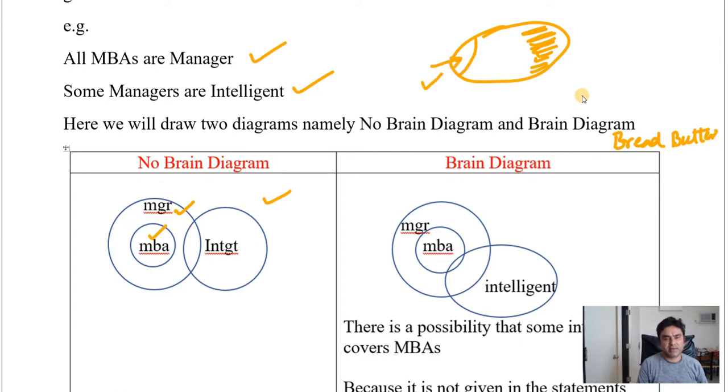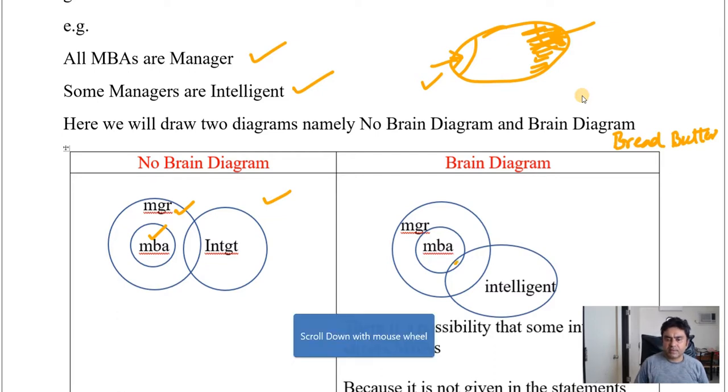Now she is telling another person to bring some portion of the same bread slice, so that person is breaking the slice from here where there is some butter on it. So he will pick up this portion of bread slice and give it to the mother. So both are correct because they are breaking the bread slice of the same bread and butter. Therefore we can insert intelligent into MBA also.